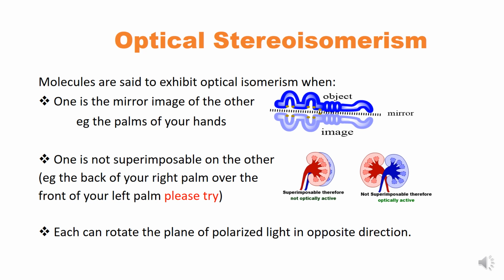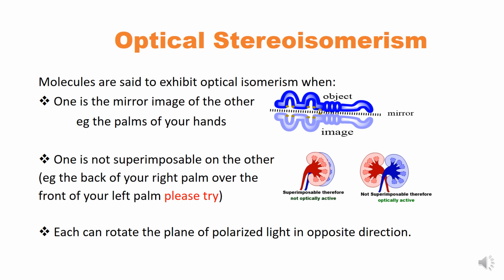Therefore, the light blue is a mirror image of the navy blue. So when a molecule represents the mirror image of the other, it has exhibited one property of optical isomerism.